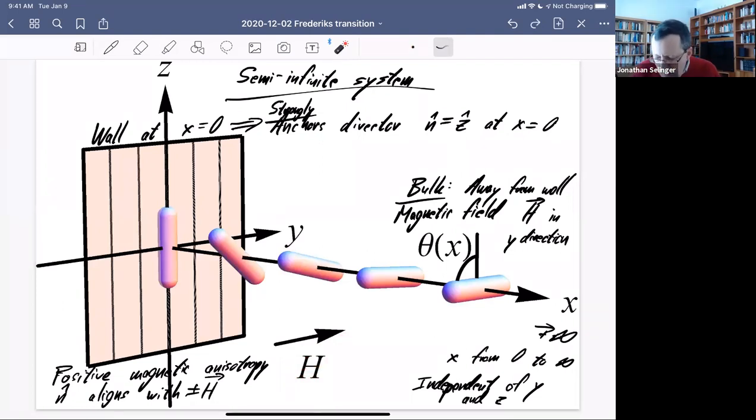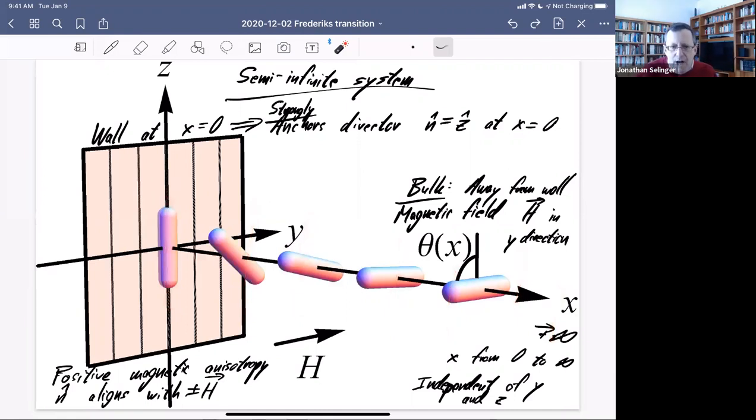Okay, so that means that in this kind of geometry, there's a conflict between the wall and the magnetic field, right? So the wall tends to align the liquid crystal in the Z direction over here, and then the elastic free energy says, well, if the crystal is aligned in the Z direction here, it should stay aligned with the Z direction everywhere going into the interior.